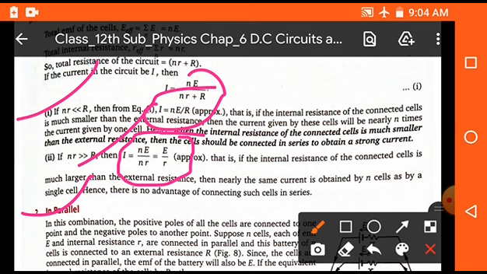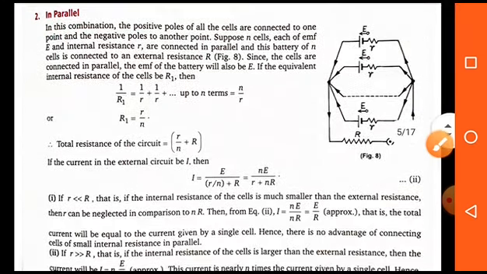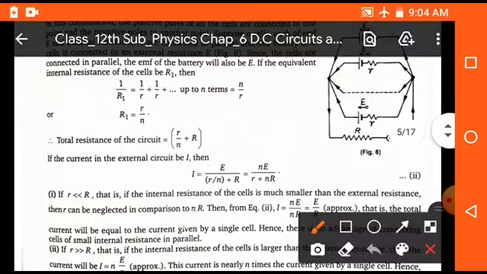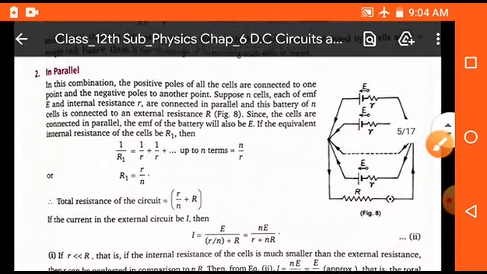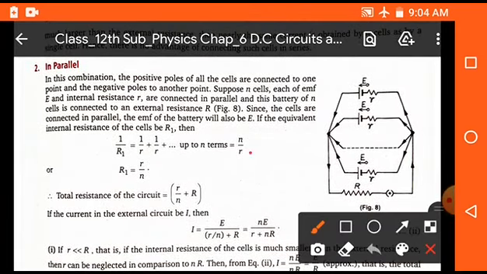Now in the case of parallel combination, you can see in this diagram, n number of cells whose EMF are the same, which is capital E, and they are connected in parallel combination.